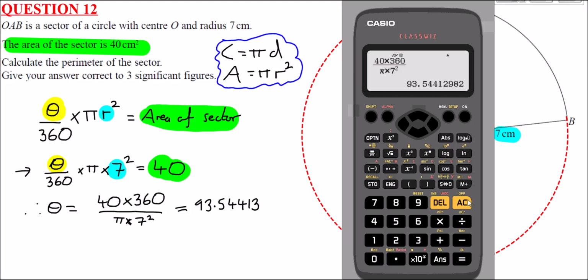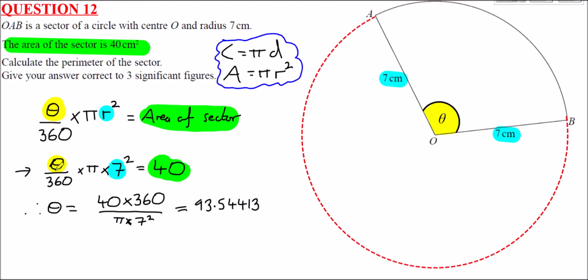So it's an easy way to lose a mark. To avoid doing that, don't round prematurely. Give your answer in any middle step to at least double the number of significant figures your final answer is going to be given to. If you can, use your full calculator display. So we've worked out what theta is in terms of degrees.